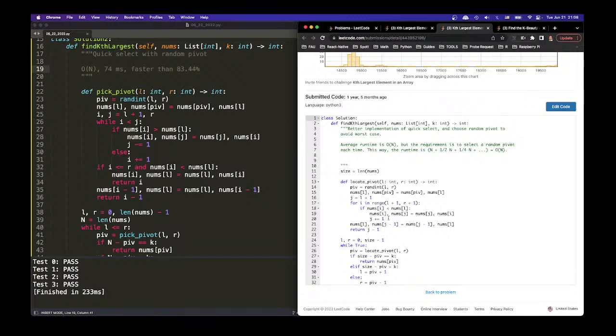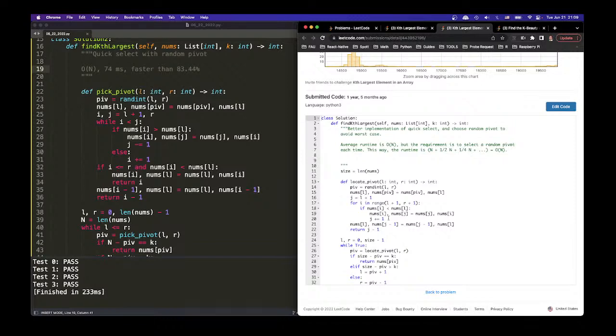I keep going. J will stay in the small part, I will get bigger and bigger. Whenever we find something small, we swap with J, and J moves forward. So J will always point to the last smallest one.